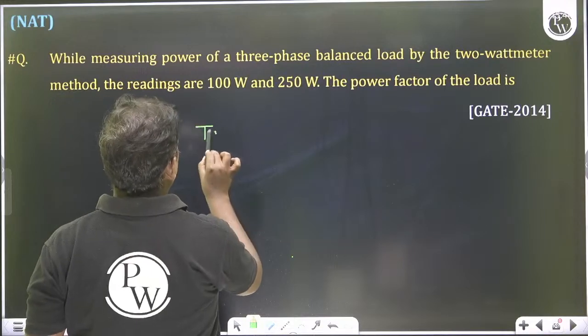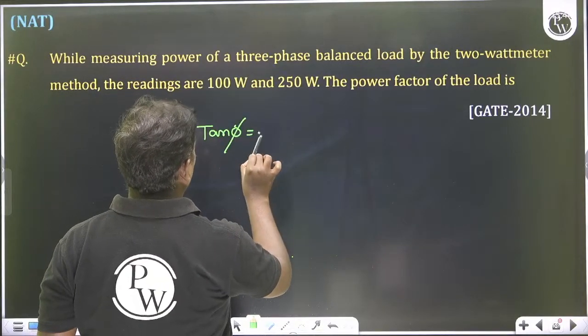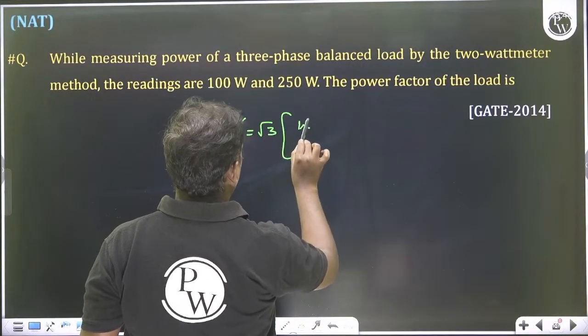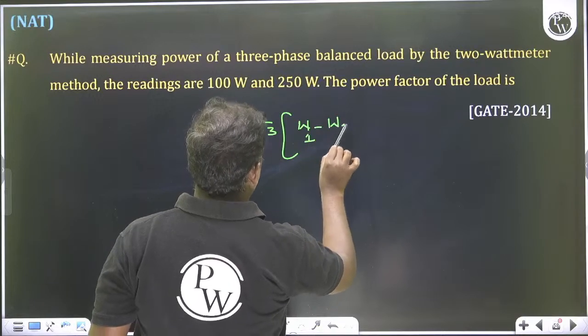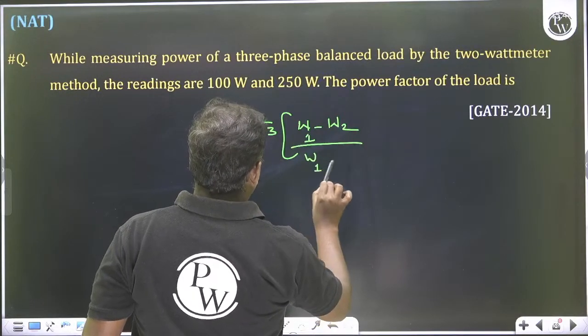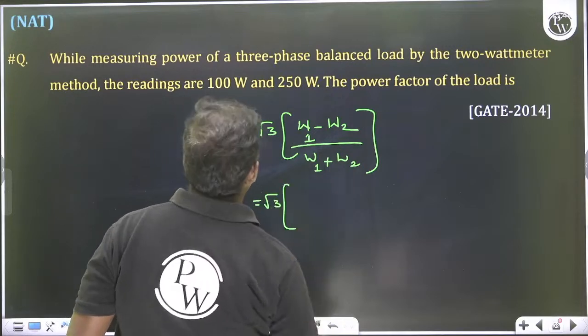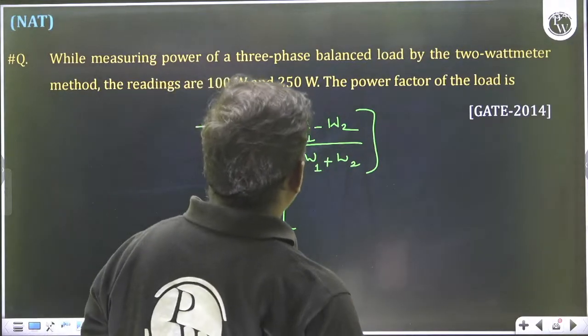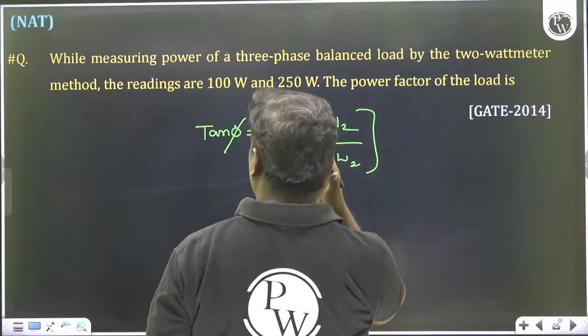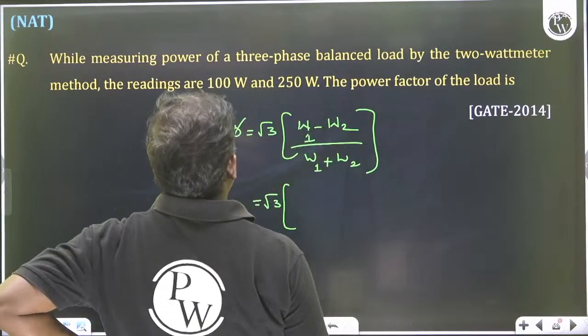So directly we can use the formula. Tan phi is equal to root 3 into (W1 minus W2) divided by (W1 plus W2), with 100 watts and 250 watts.